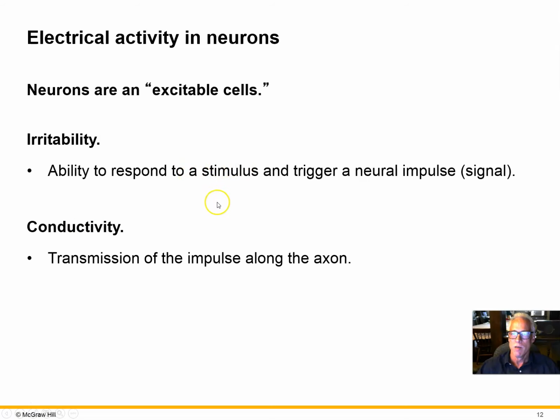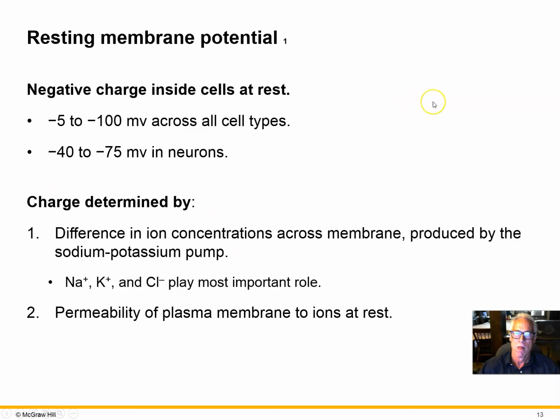And once a stimulus is encountered and it triggers an impulse, the impulse will travel, spread, or be transmitted along the axon. So our goal is to understand what makes the cell sensitive to stimuli, and then what an impulse is and how it travels, how it is transmitted.